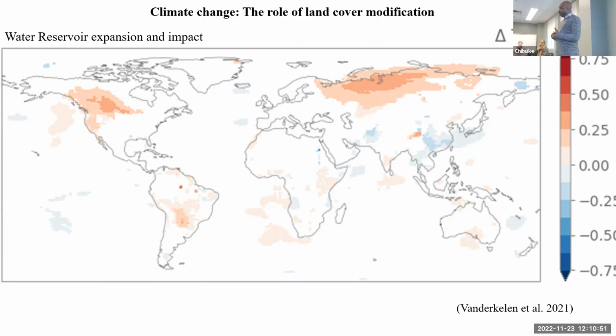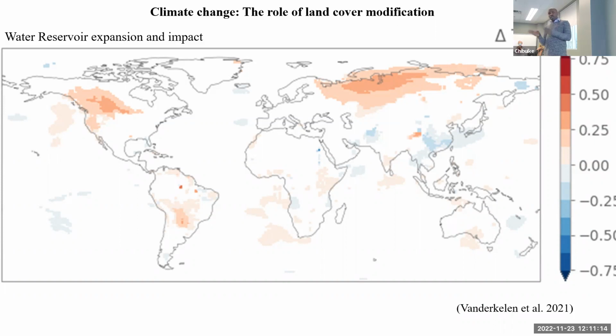Some people have looked at the modification to have more irrigated croplands, maybe due to the pressure to grow more food crops. So we have governments having irrigation systems.